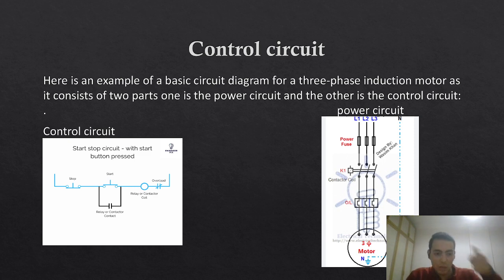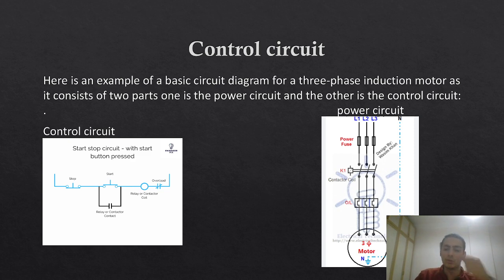If we press our stop push button, the electricity will be cut off from the contactor coil. The normally open contact will open, and the contactor will open, and the motor will turn off.